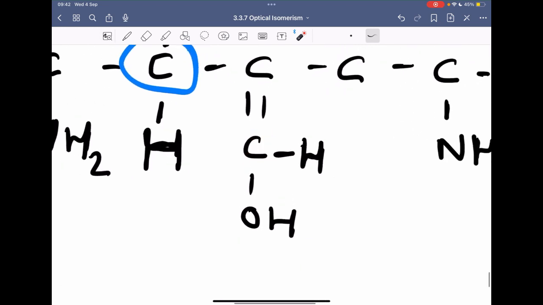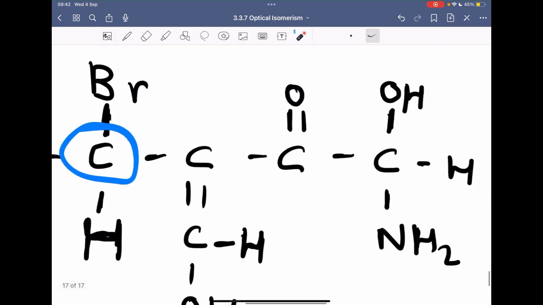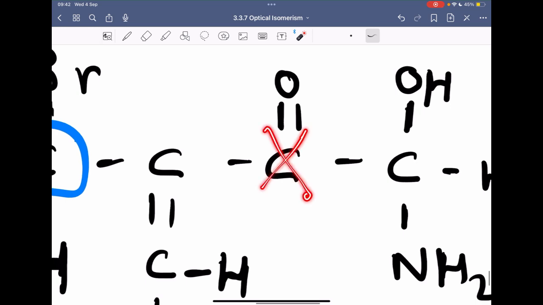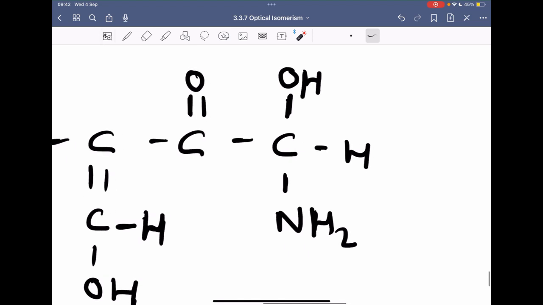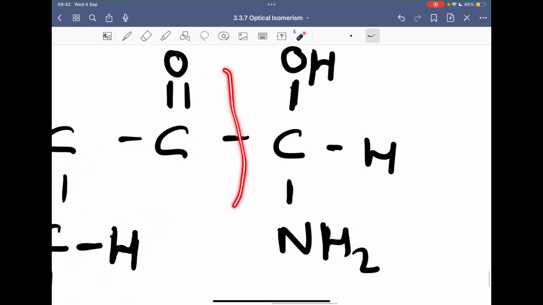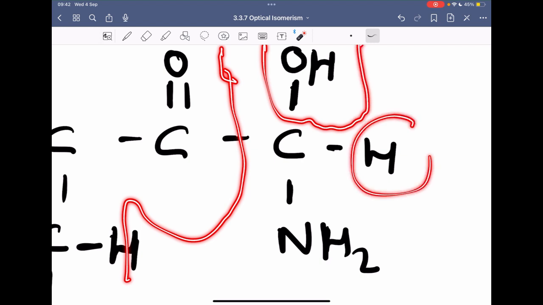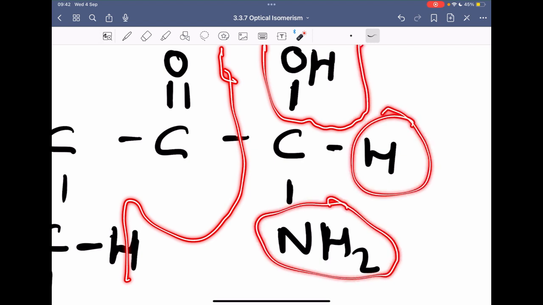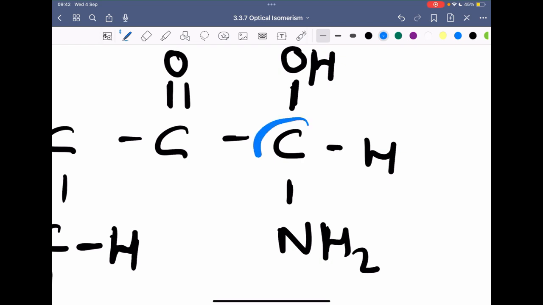So it has a maximum of 3 groups. So this one is not a chiral carbon. This one has a double bond as well, so it's not going to be a chiral carbon because it has a maximum of 3 groups. This one has 1 group here, 1 group here, 1 group here, and another group here. So it has 4 groups, therefore it is a chiral carbon. Okay.